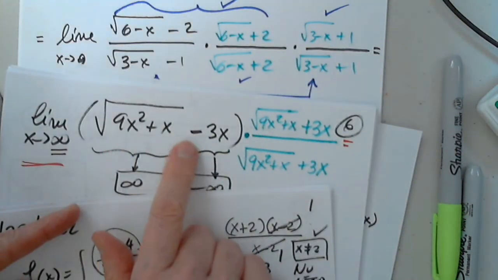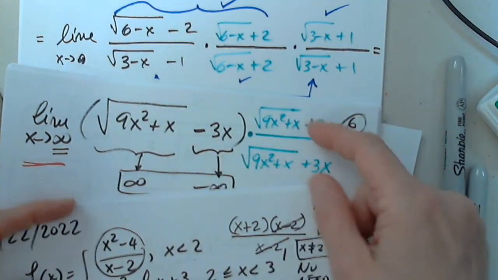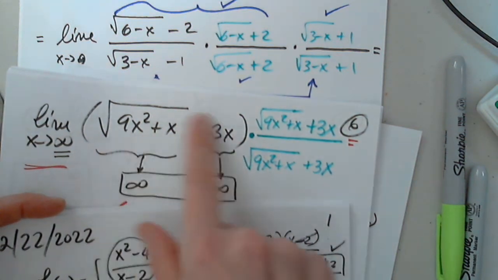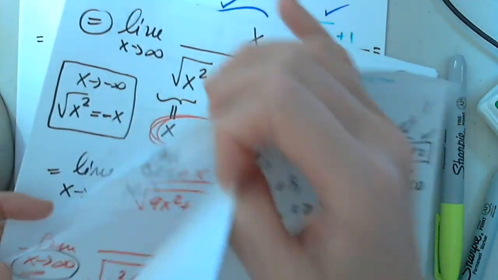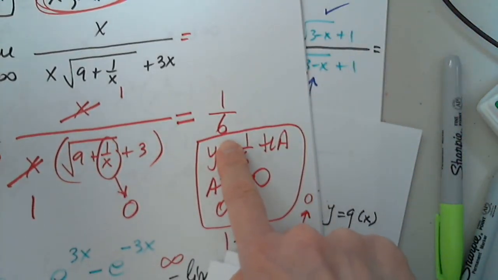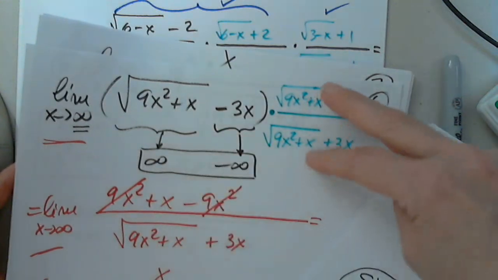Here the problem is in the numerator. I have no choice but to rationalize the numerator, because the numerator is the problem, infinity minus infinity. Who knows what this is? It turns out that we got that infinity minus infinity this time to be 1/6. Who would have known? Right? So here it's very clear. I have no choice. I have to rationalize the numerator.